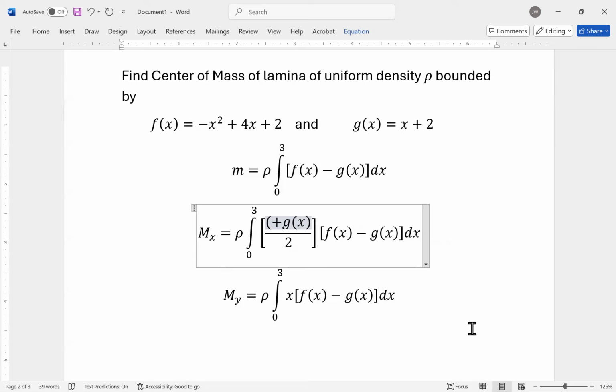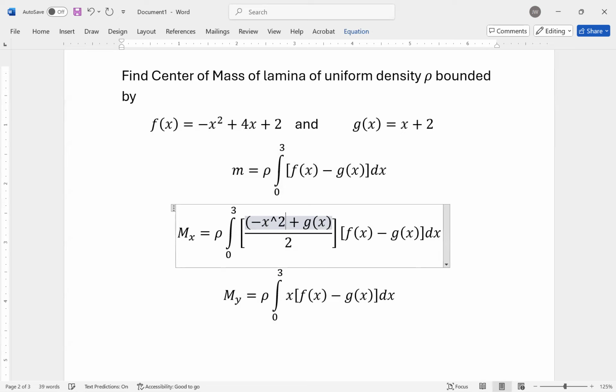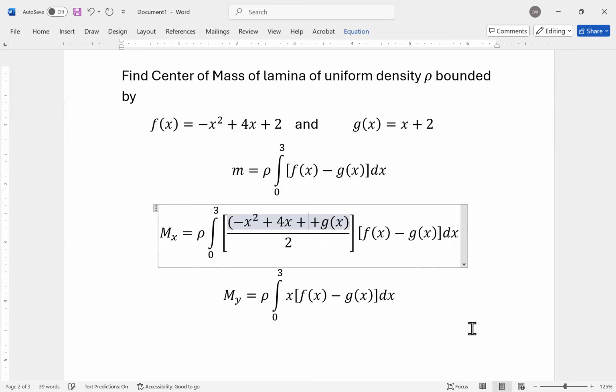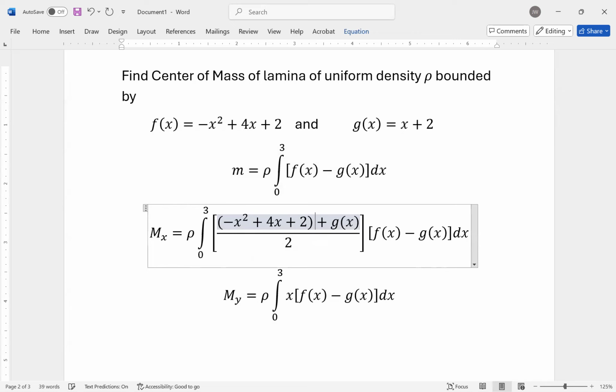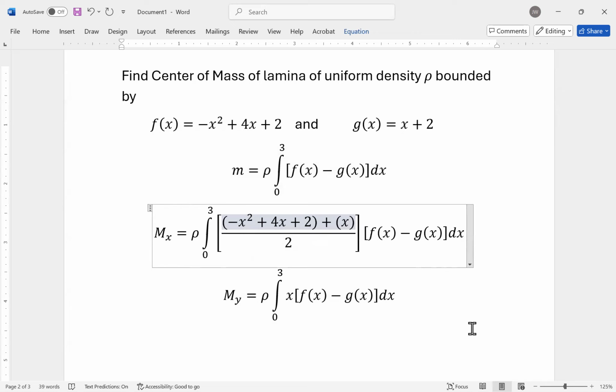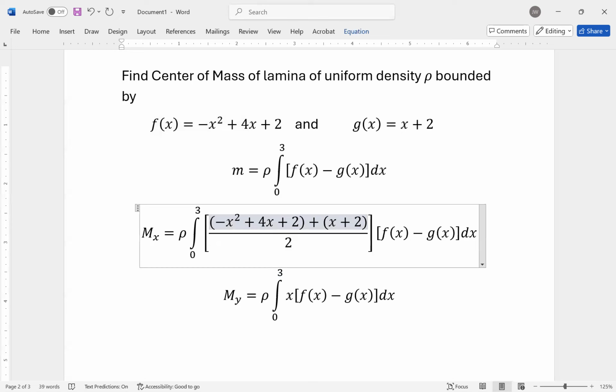is going to be f, again, that's the one on top, negative x squared plus 4x plus 2 plus g, which is x plus 2. And sometimes I'll simplify that: 4x plus 2 plus x plus 2.